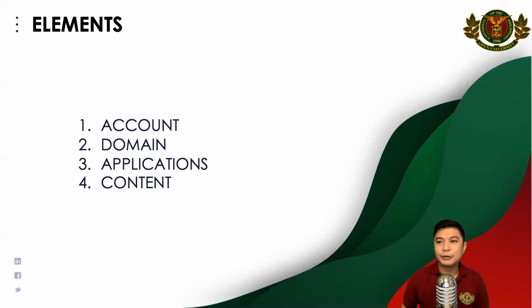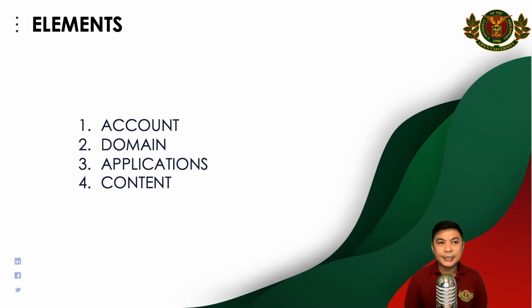Okay. So what are the elements? As compared to websites under WordPress, you need to buy your own domain, buy your hosting, and then install WordPress and then customize. The difference for websites under Shopify is that you just need to sign up on their platform, shopify.com.ph, if I'm not mistaken.